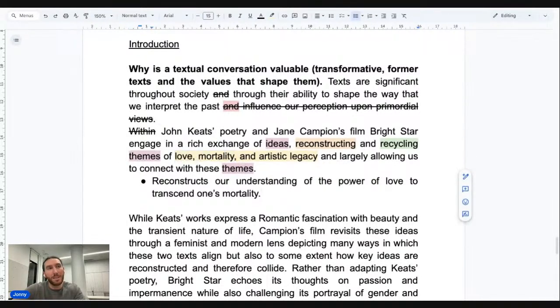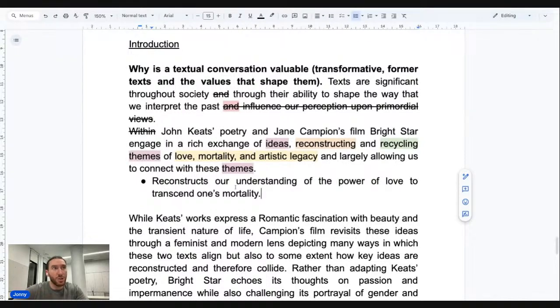Because you might say that someone's love can actually go beyond their death, right? And in a way, that's true here, because if Keats loved someone and that love was explored in his poetry, and then hundreds of years later, that love is reimagined, it's reconstructed in another text, then the love, in a sense, is transcending Keats's death. So that's an idea.